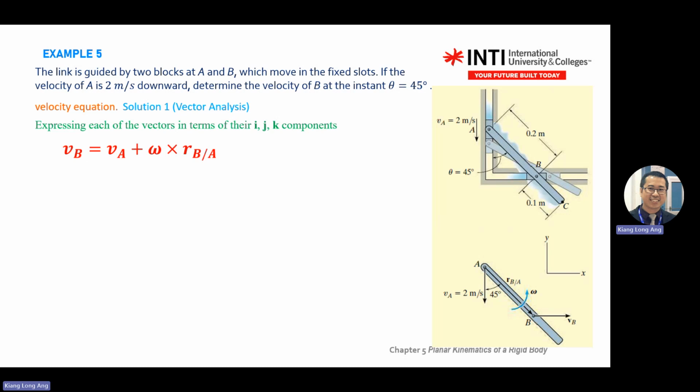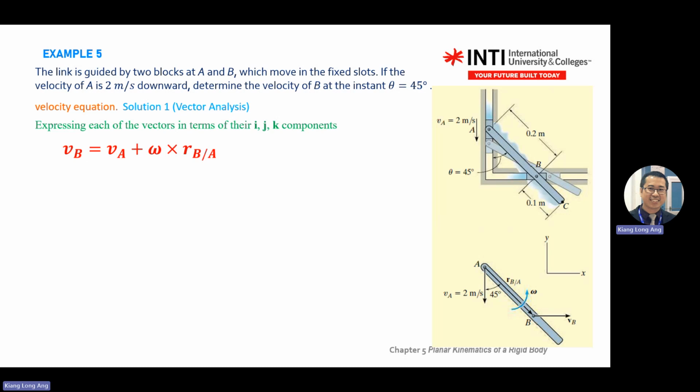So you want to find the velocity at B. So you write V_B equal to, it is the same. I start with V_B/A equal to V_B minus V_A. So since I'm finding B, I rearrange this one: V_A plus V_B/A.